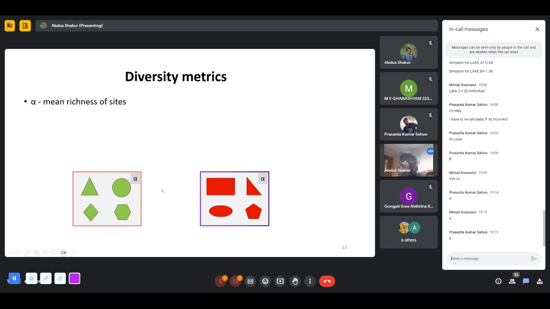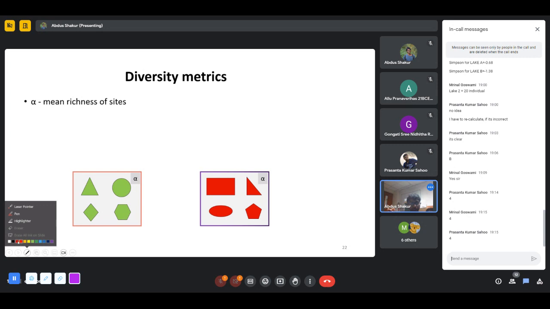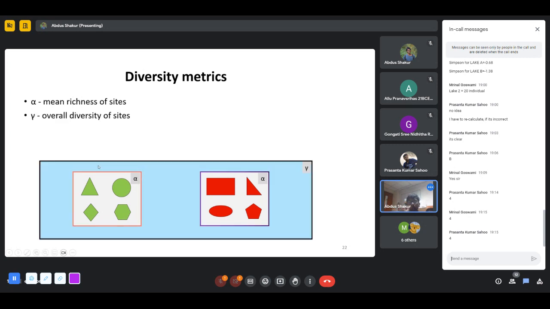Right, four. So both the sites have a species richness of 4 each. Okay, let me just write up what you just said. So it's 4 each, right? I'm just writing the average for both.